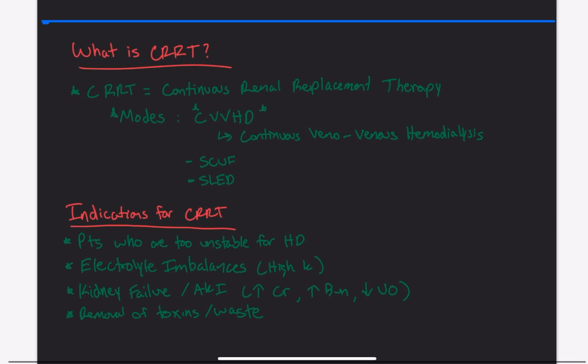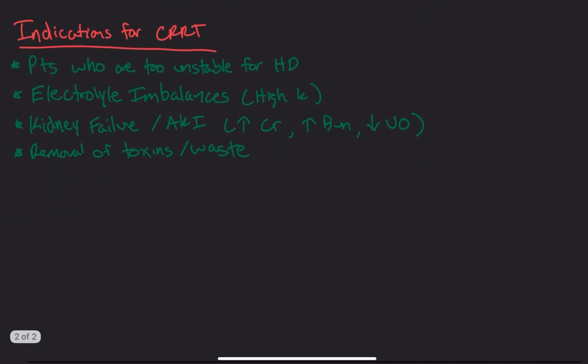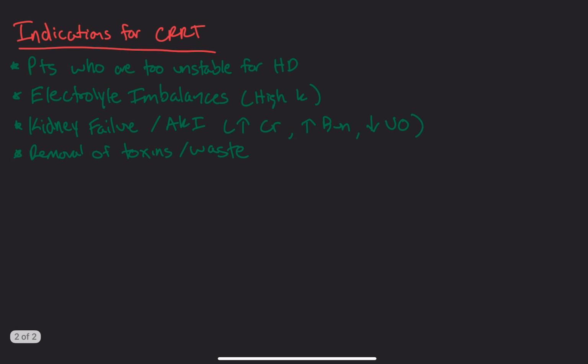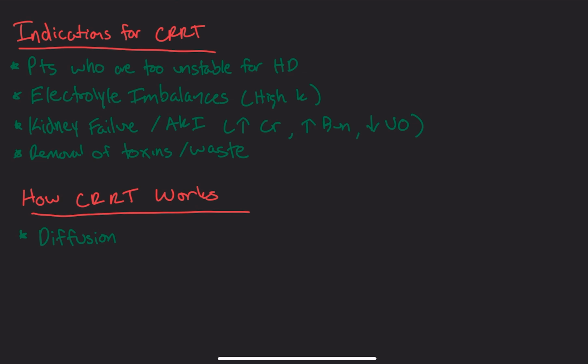Next we'll talk about how it works. CRRT works through a principle called diffusion. Diffusion is the movement of solutes from a place of high concentration to a place of low concentration.